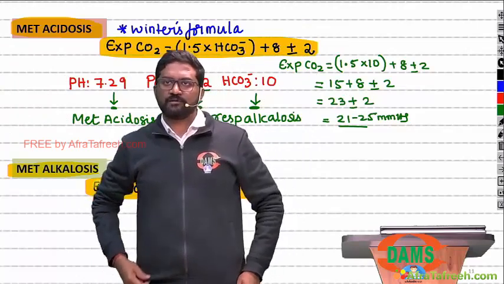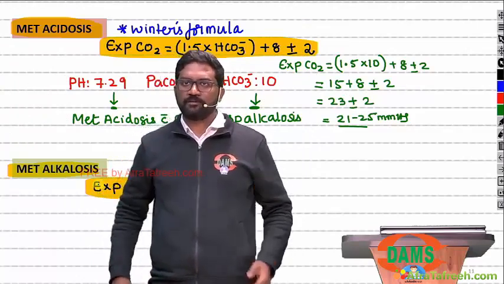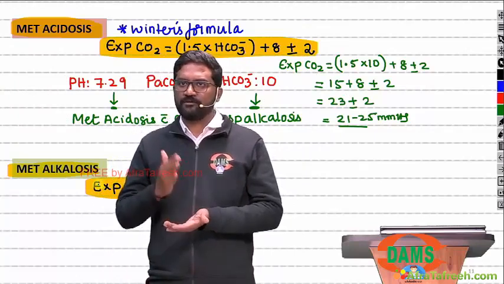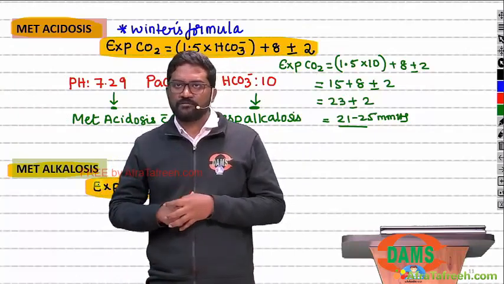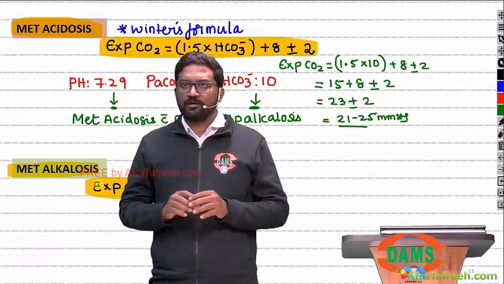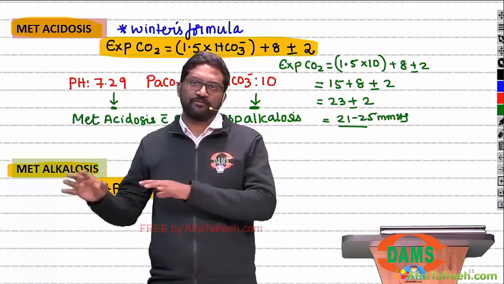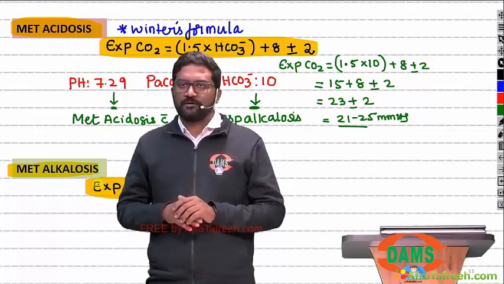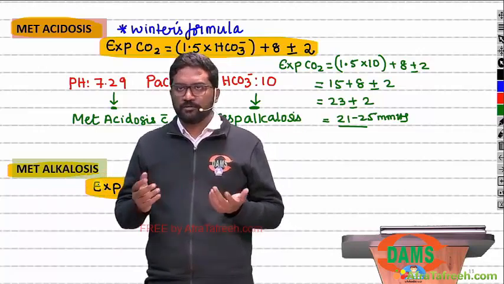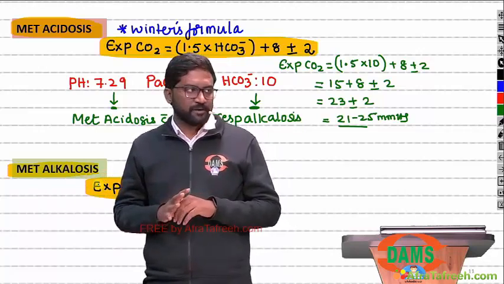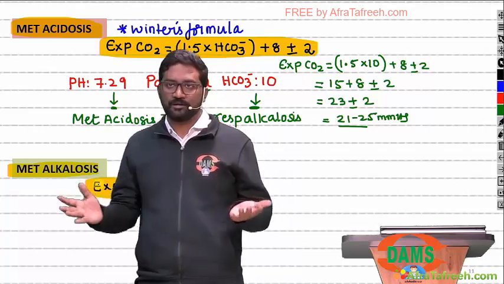If it is DKA, the treatment will be insulin plus fluid. If it is renal failure, it is no fluid. See here, even though both are metabolic acidosis, the treatment is completely different.